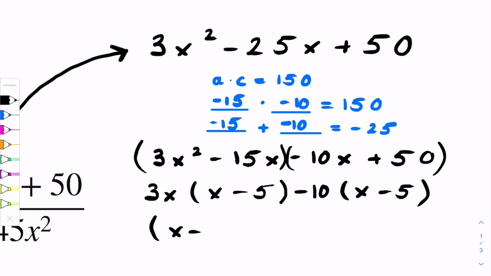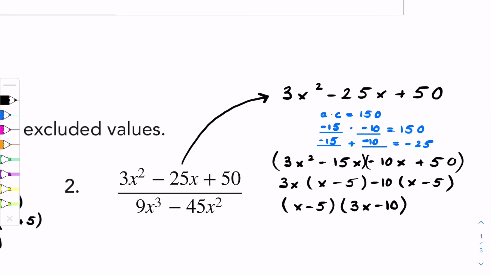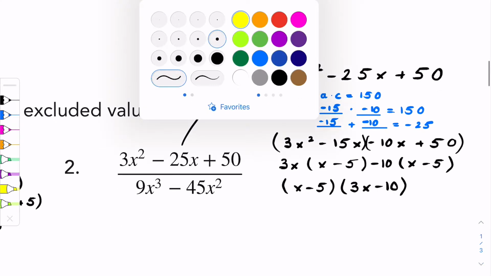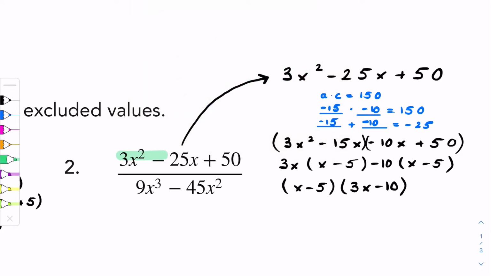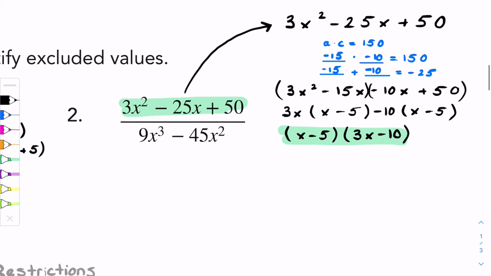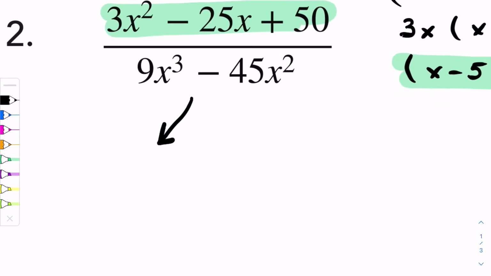We have x minus 5 times 3x minus 10 as our factored form. This here is our factored numerator. Next, I'm going to factor our denominator, and then I'll write them out as a single fraction.